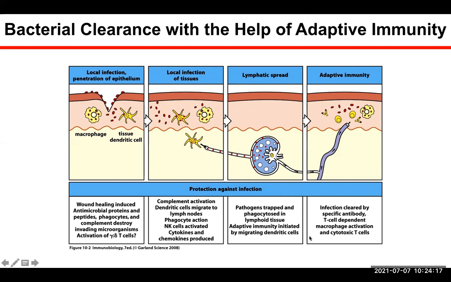So here I have an overview of bacterial clearance and how the adaptive immune system is implicated in this. In the last slide, I highlighted some of what was going on here. We have a local site of infection. You get a cut on your arm, and that introduces some bacteria to the upper surfaces of your epidermis.